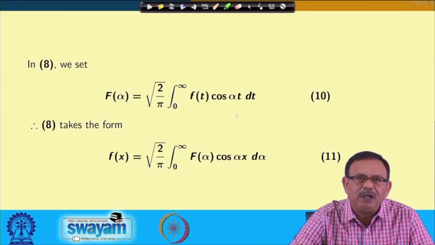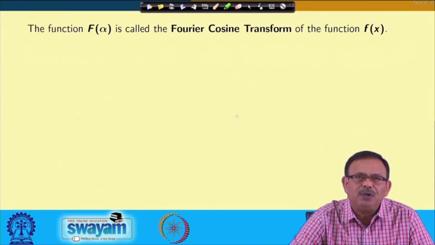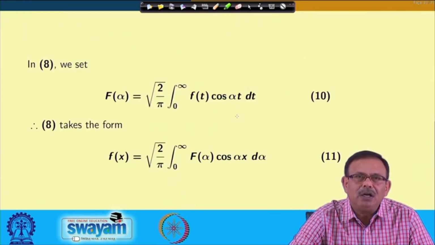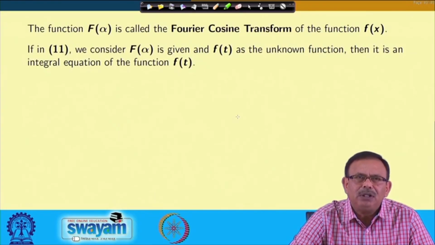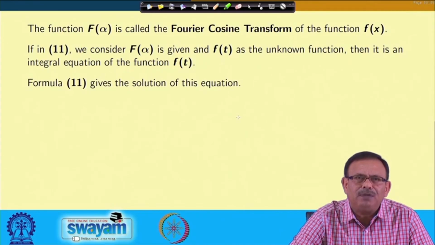This capital F(alpha) defined by 10 we call the Fourier cosine transform of the function f(x). The kernel is nothing but cos(alpha t), and whenever F(alpha) is known, by evaluating the integral I can find the corresponding function f(x). In 11, if we assume that F(alpha) is given and f(t) is an unknown function, then by evaluating the integral we can find the value of f(t).